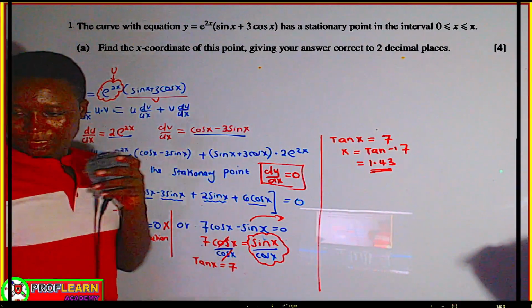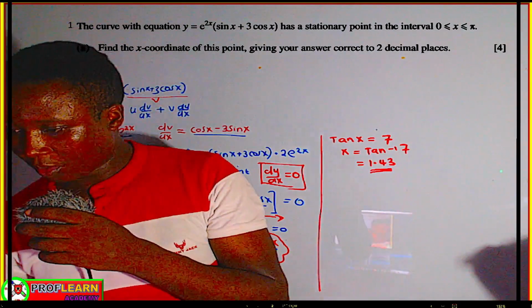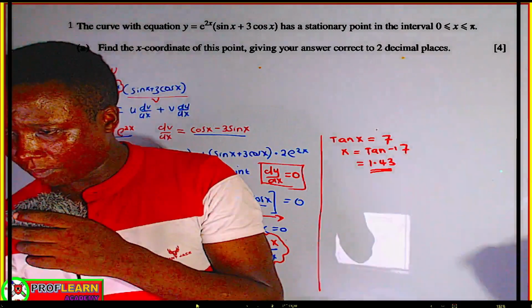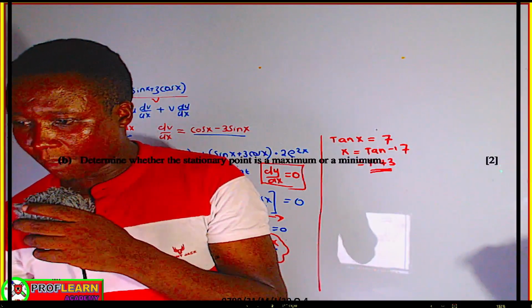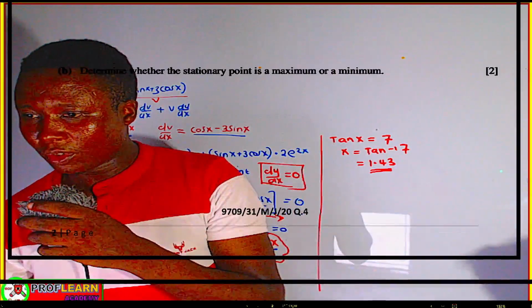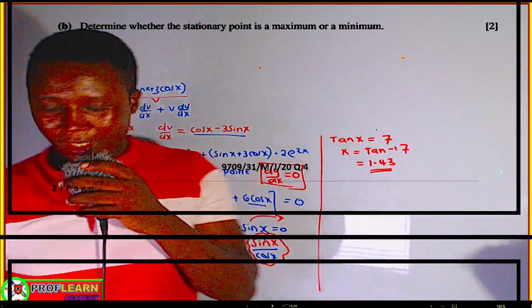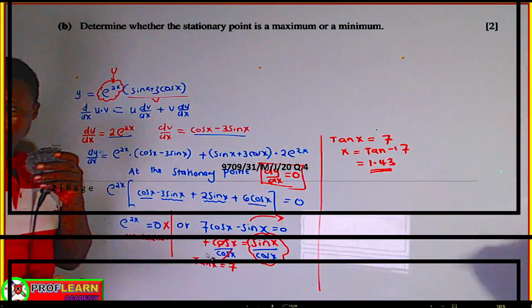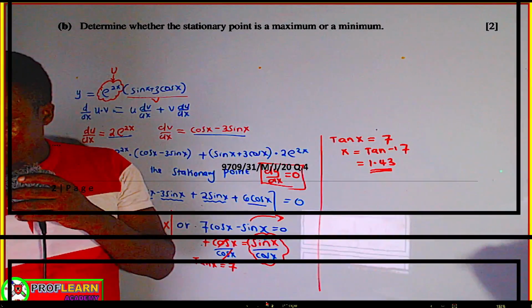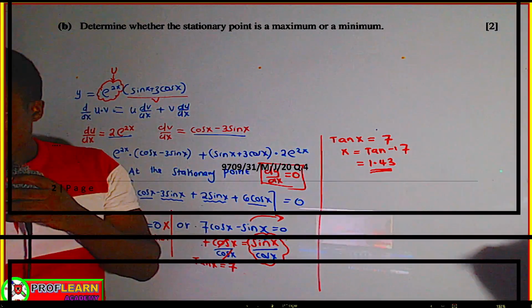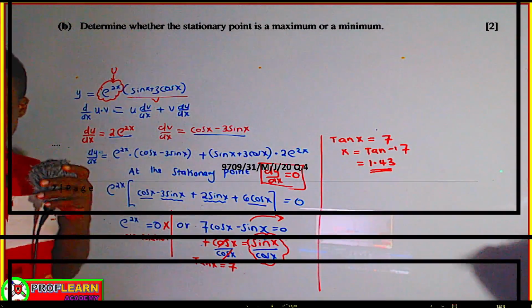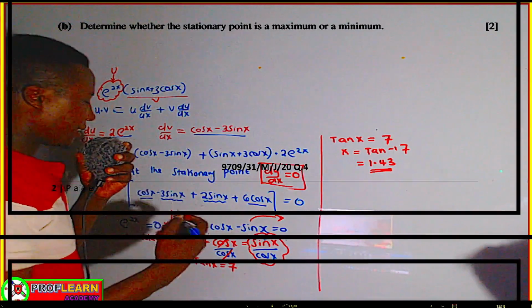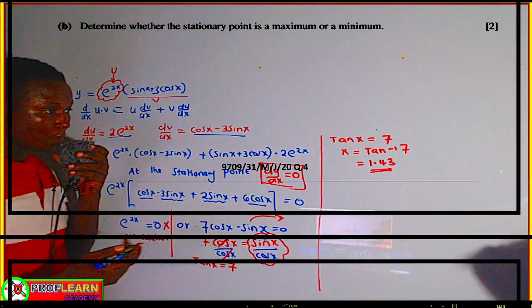Now, the next part of this question, what we are expected to do is to determine whether the stationary point is a maximum or a minimum. So in that kind of scenario, you need to understand that the stationary point is either a maximum or a minimum.